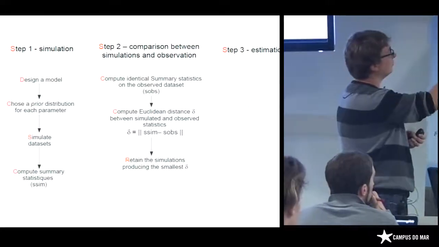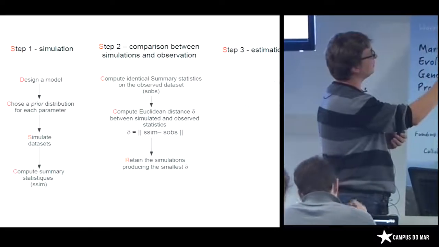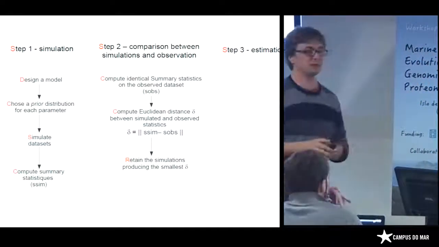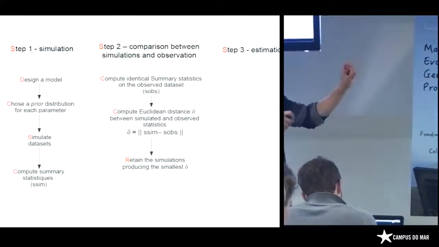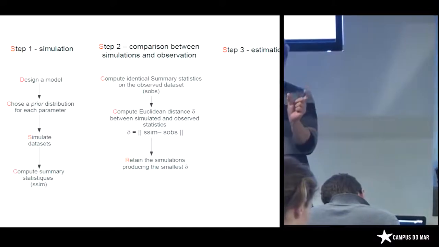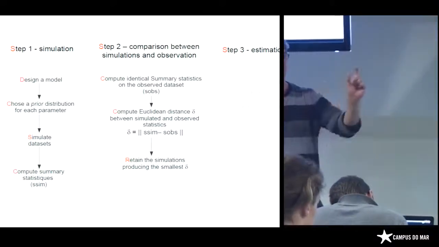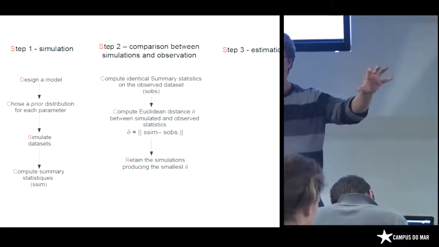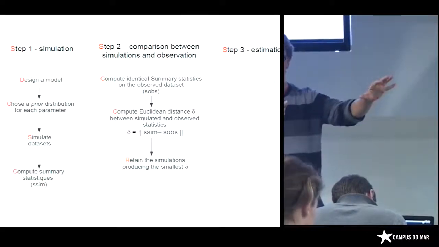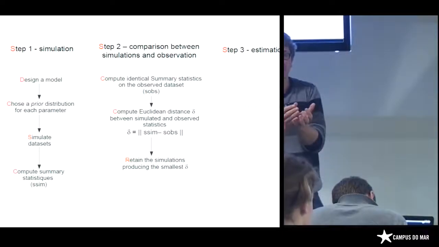Then you compute the Euclidean distance between simulated and observed statistics. I'm going to show a graph after. So this is a measure of how different the dataset simulated under the scenario is from your observed dataset.